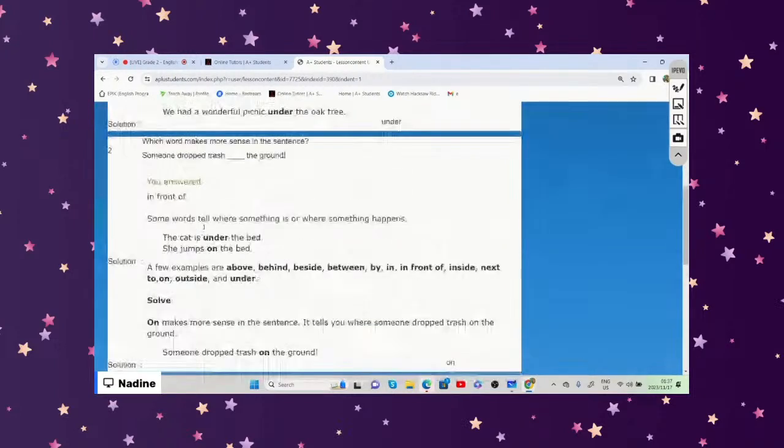Someone dropped trash the ground. So we can say it is basically on the ground. So on the ground.